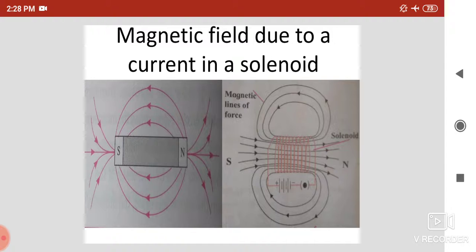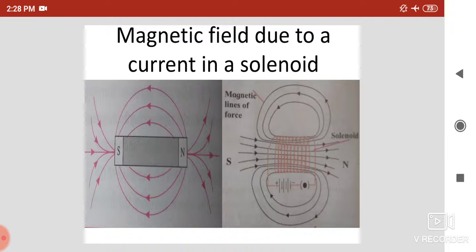It is just wound in the form of a chain, like a spring, so it is called a solenoid. After passing the current, the magnetic field is produced around the solenoid carrying the current, and there are magnetic lines of force. These magnetic lines of force are similar to those of a bar magnet.